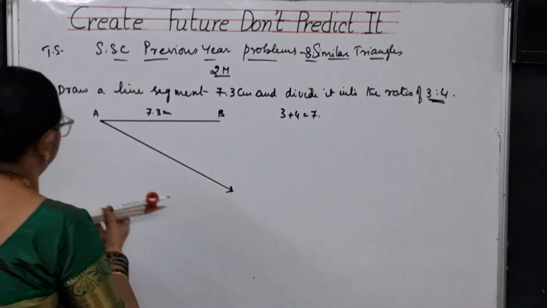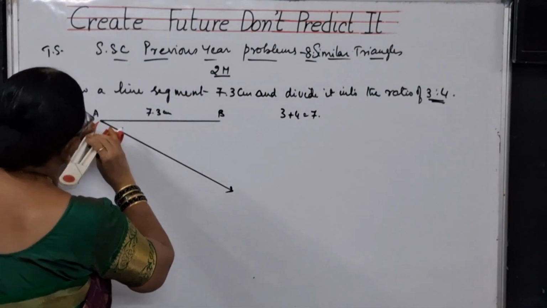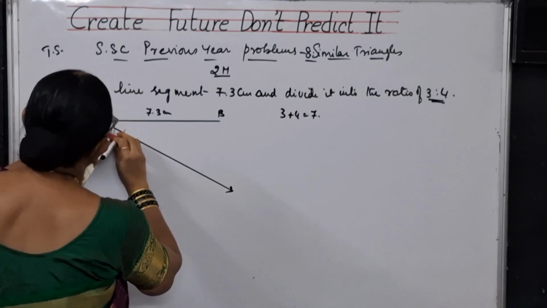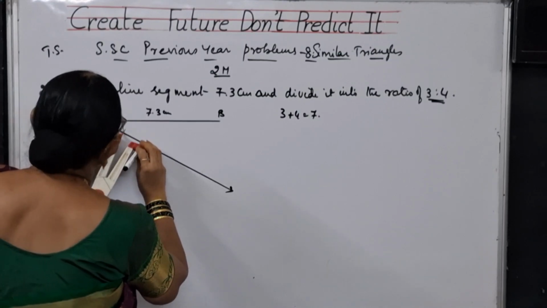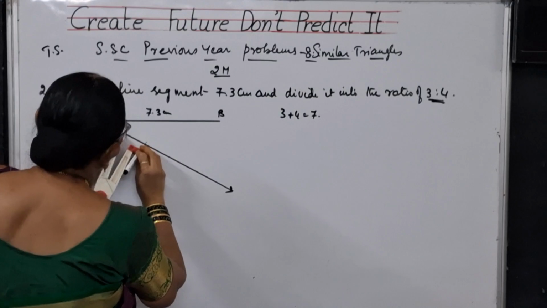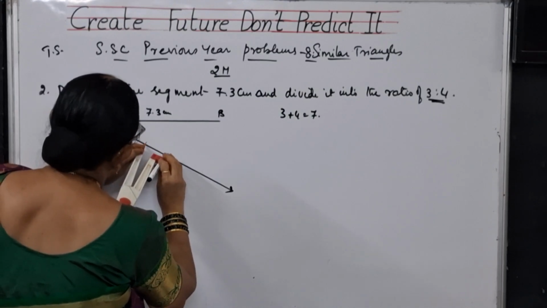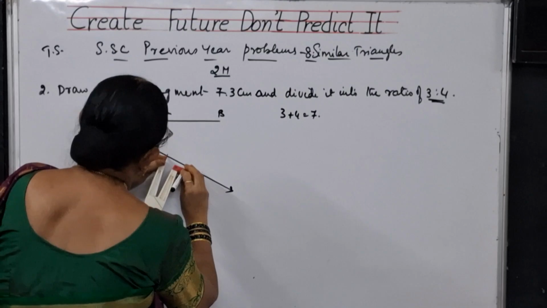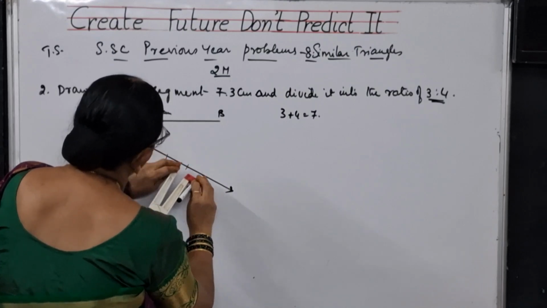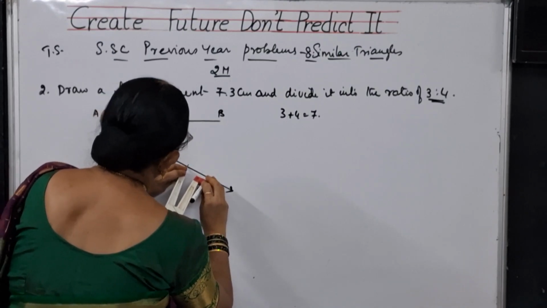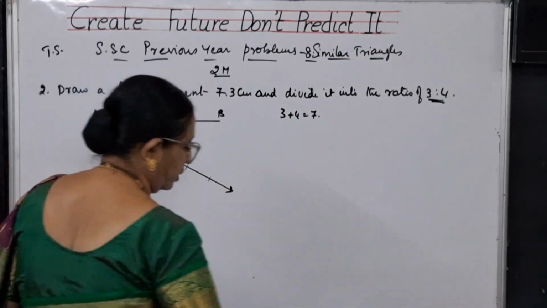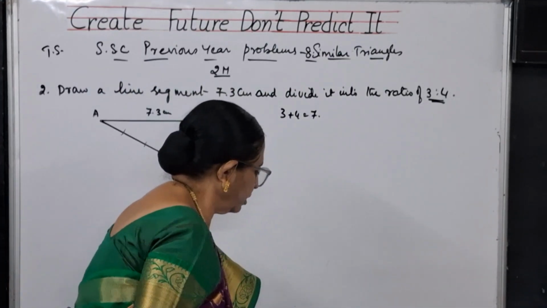By taking equal measures from A with some radius, one arc here, again here 1, 2, 3, 4, 5. Of course, I need this little bit more.